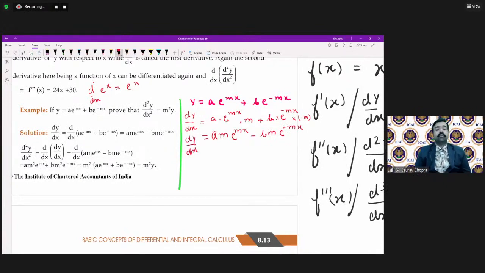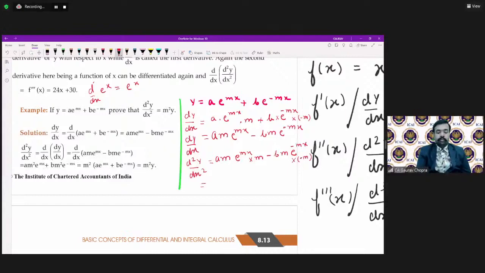Now again we have to find the derivative, so we write d2y upon dx square. So now what will happen? a and m are constants. The derivative of e to the power of mx is e to the power of mx multiplied by m. Minus bm is the constant, e to the power of minus mx, and then multiply with the derivative of that part, that is minus m.